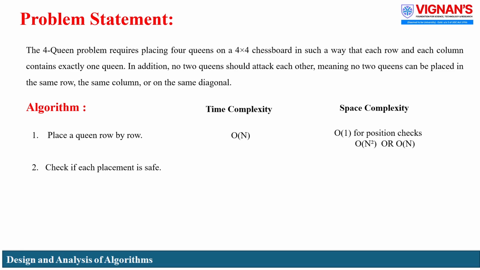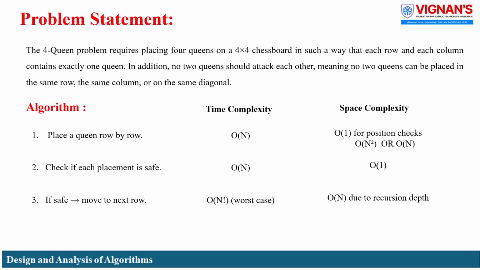Check if every placement is safe. The time complexity for this step is O of n, and the space complexity is O of 1. Step 3. If the position is safe, move to the next row. For this step, the overall time complexity becomes O of n factorial, and the space complexity is O of n, due to recursion.